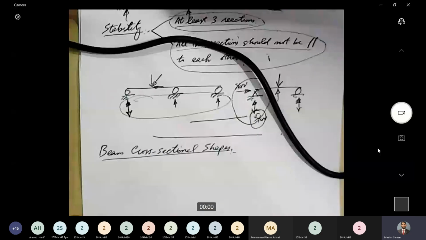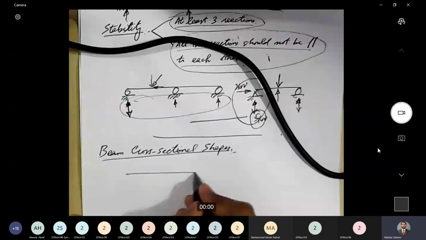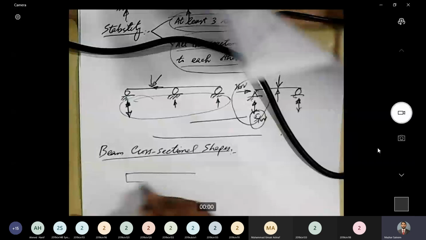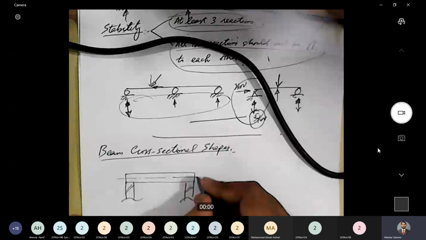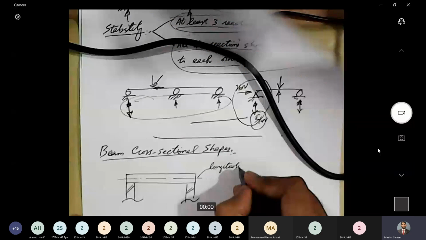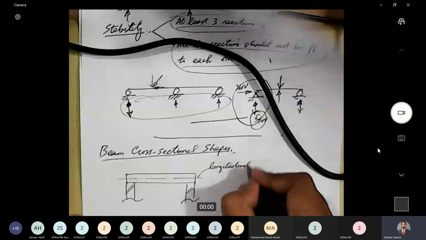Okay, there are different cross-sectional shapes of beams. I hope you guys already know what I mean by a cross-sectional shape. If I draw a member like this, let's say we have one support here and another support here. This axis is termed the longitudinal axis.